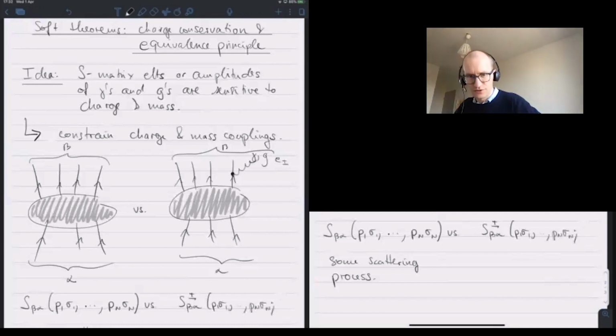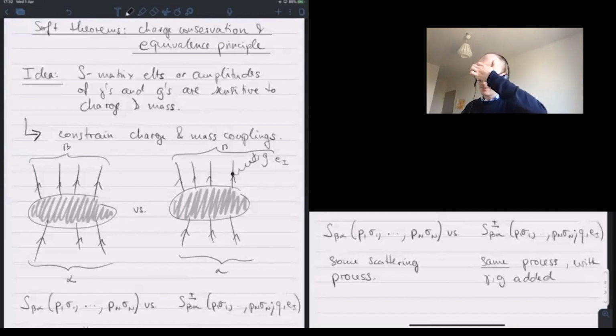But in addition, it also depends on the photon or graviton momentum q and its polarization state epsilon plus or minus. So this is the same process, but with a photon or a graviton added.